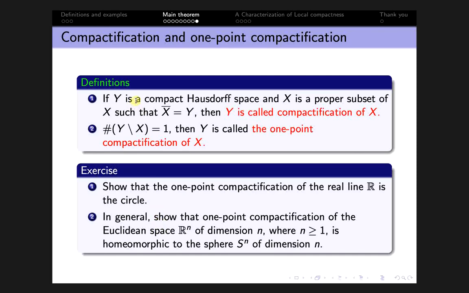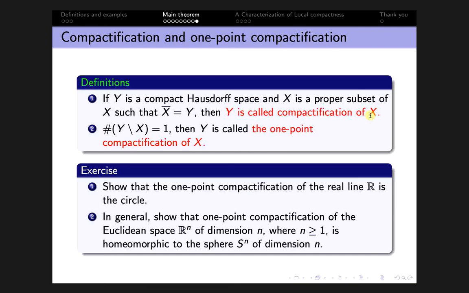If Y is a compact Hausdorff space and X is a proper subset of Y such that the closure of X equals Y, then Y is called a compactification of X. For example, take Y equal to the closed interval [0,1] and X equal to the open interval (0,1).